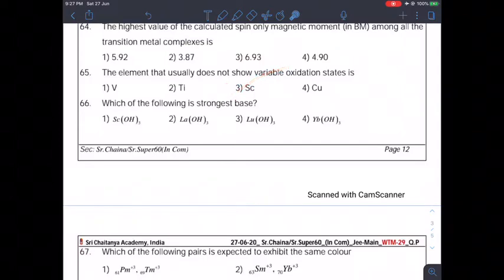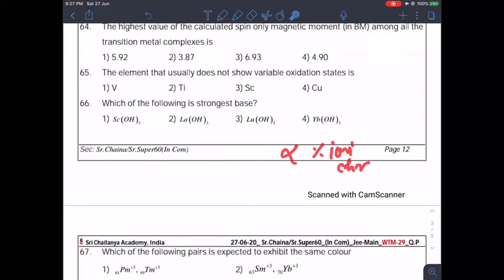Now coming to question number 66, which of the following is the strongest base? Once again, if you remember, the basicity of the hydroxide is checked by the basicity of the oxide, and it is determined qualitatively by percentage ionic character.